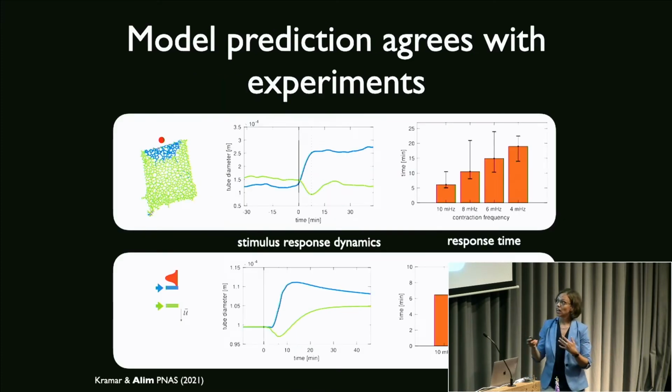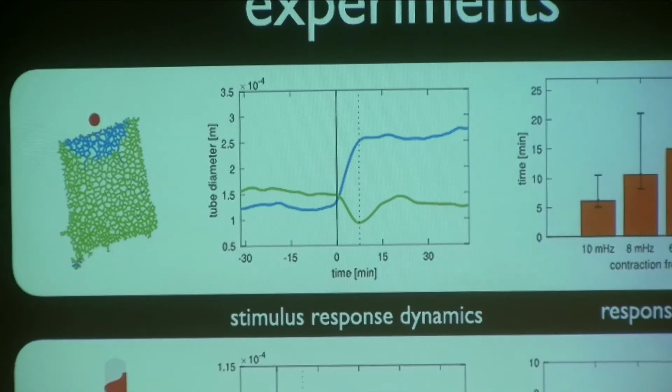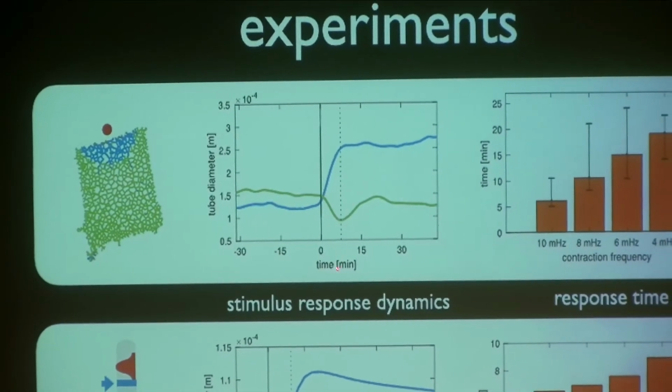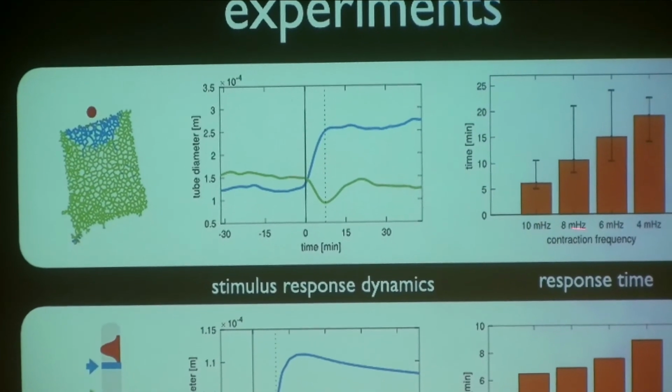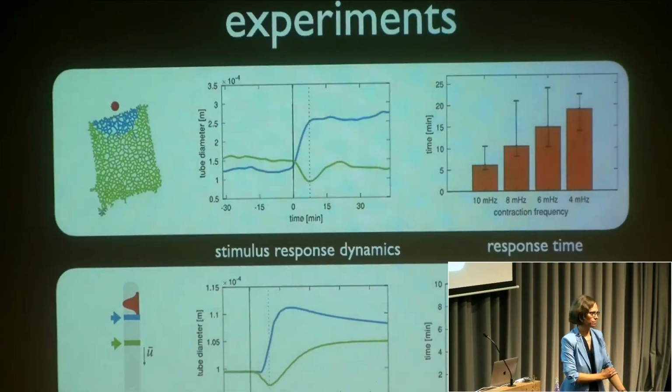And so what we now observe is that if we take all the tube dynamics and we automatically classify, are you straight dilating or are you first shrinking and then dilating, we observe the same characteristics. Close by, just dilation, further away, first shrinking and then dilating. And even the scaling of this response time when they start dilating is scaling correctly as predicted with the parameters in the system.